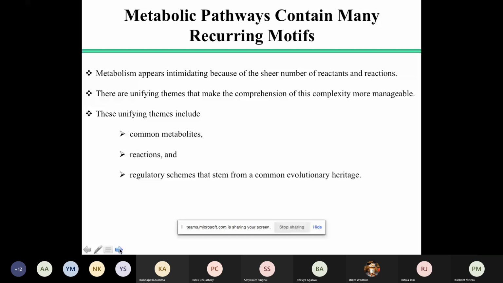And these common themes or unifying themes are, first, that you are going to have a common metabolite. What I mean to say here is that, for example, you can have acetyl CoA, which is a common metabolite being produced whether it is carbohydrate metabolism, fat metabolism, or protein metabolism. All of them centrally produce a common metabolite, a common molecule. And this common molecule basically enters a simple pathway.